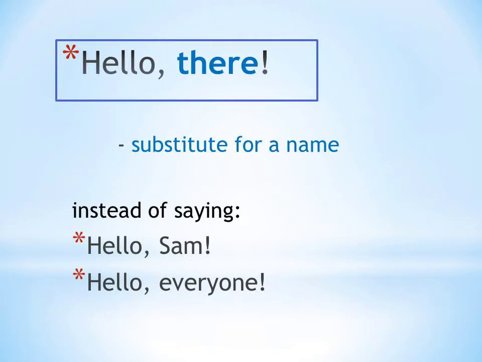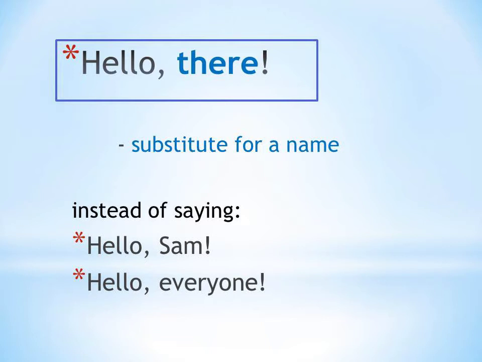Another is, hello there. There in this sentence is used to substitute for a name. So instead of saying the name like, hello Sam, or hello everyone, I can say, hello there.